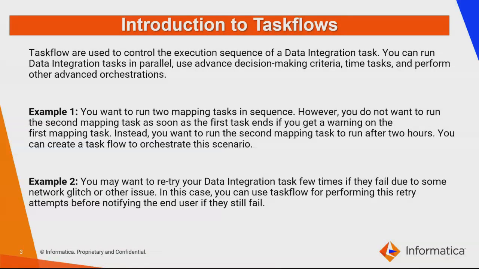In this case, you can create a Taskflow to orchestrate this scenario. Another scenario would be that you may want to retry your data integration task a few times if they fail due to some network glitch or other issue. In this case, you can use a Taskflow for performing these retry attempts before notifying the end user if they still fail.